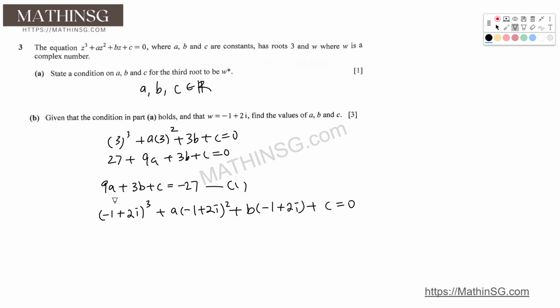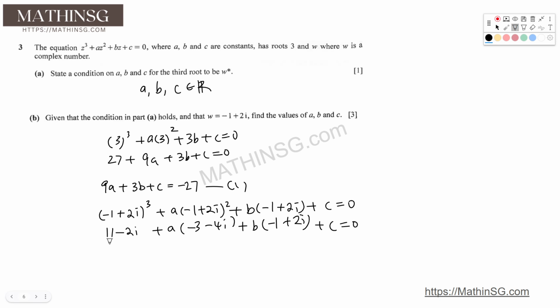So once I type it into the calculator, I know that minus 1 plus 2i cubed is 11 minus 2i. Then minus 1 plus 2i squared is minus 3 minus 4i, plus b times minus 1 plus 2i, plus c equals 0. Okay, so now let's expand everything.